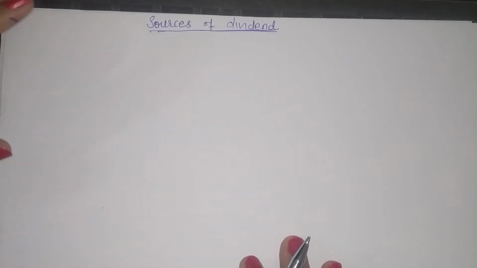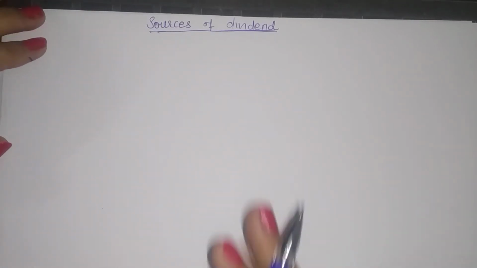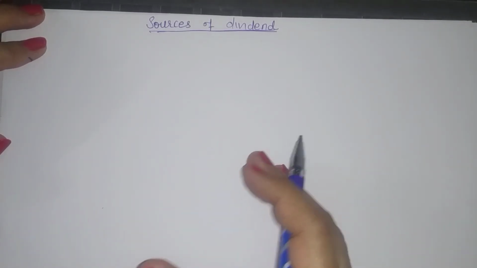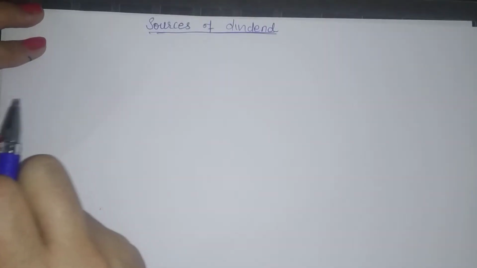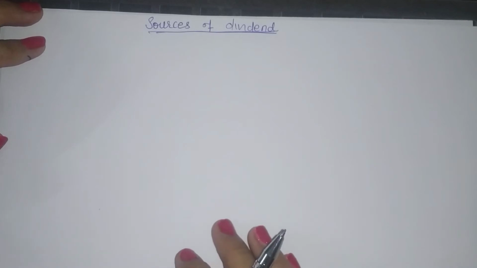As we all know, dividend is paid out of the profits and reserves. So should we use all profits or all reserves or a combination of the two, or which should be utilized? That should be known beforehand, because when we pass journal entries, we need to know which account is to be used, which account is to be debited, from where the amount of dividend will move to the dividend payable account.